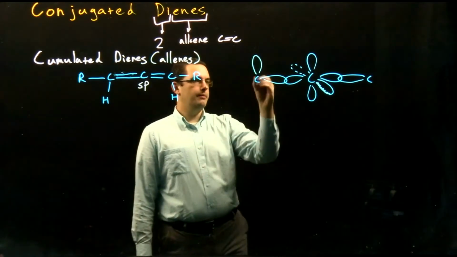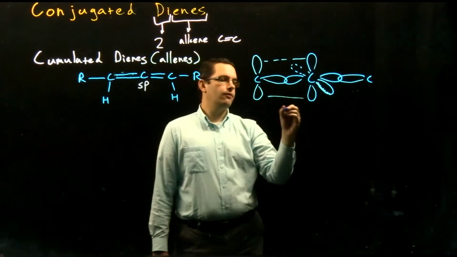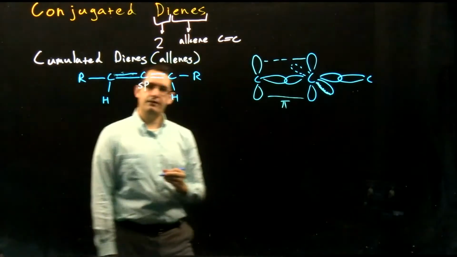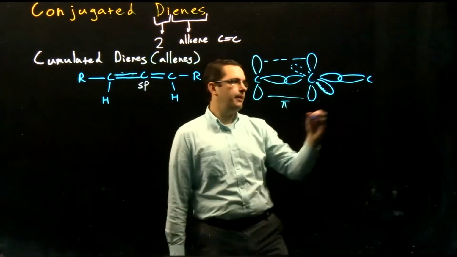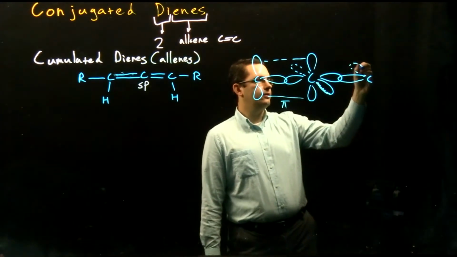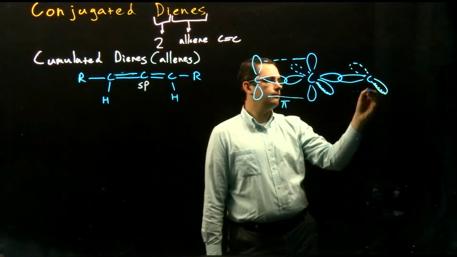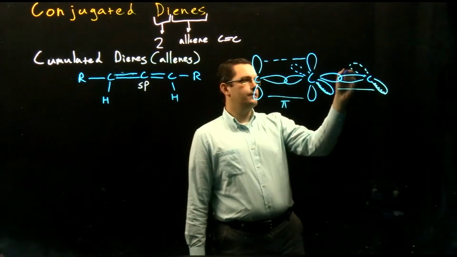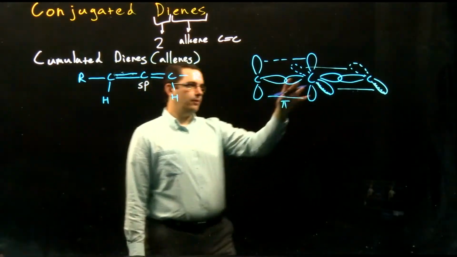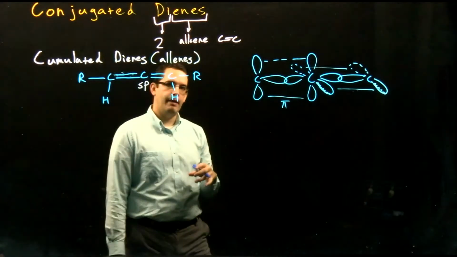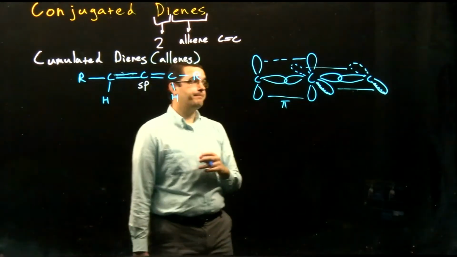All right, so this carbon might have a straight up and down p orbital that will form a pi bond with this p orbital, and our second p orbital that's coming straight out and straight back would be bonding to our other carbon over here. Again, I'm using this shading here to represent the orbital coming straight out towards me, and the dashes are representing the other side of my p orbital going straight back away from me.